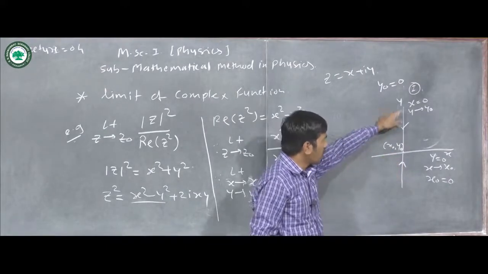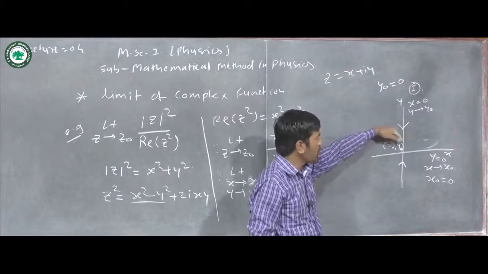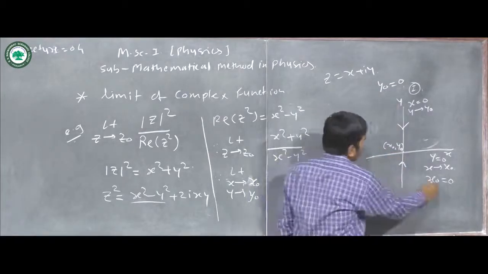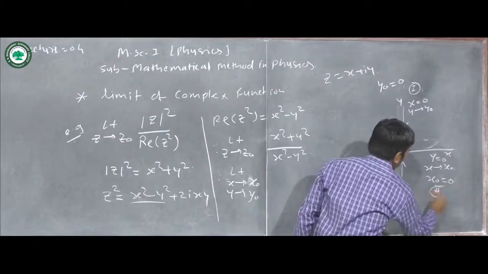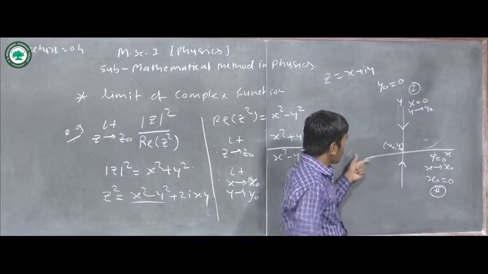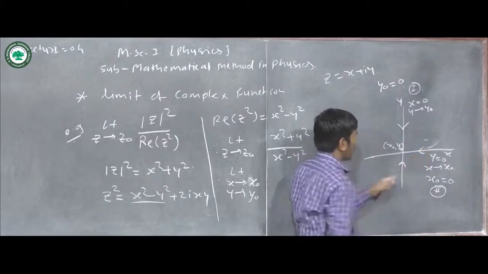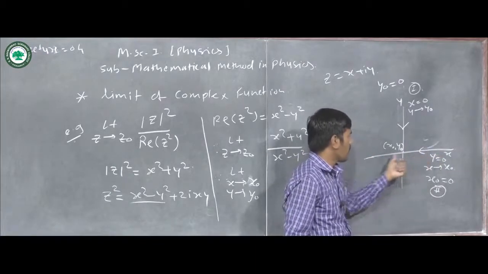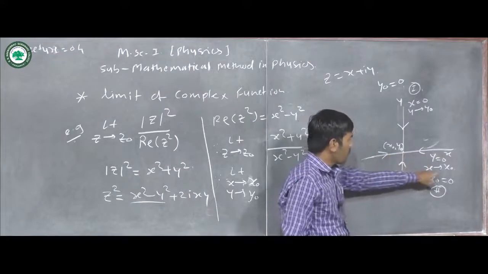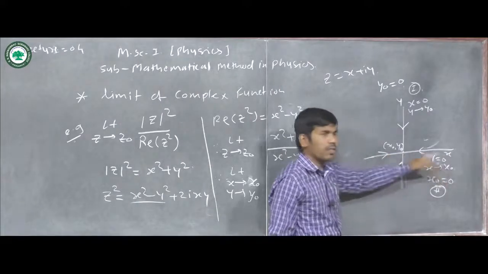So here are two ways of approaching y naught. For the second case, here also two ways: from the positive real axis, meaning the x axis, and from the negative real axis towards 0. Here I am considering x naught as 0.